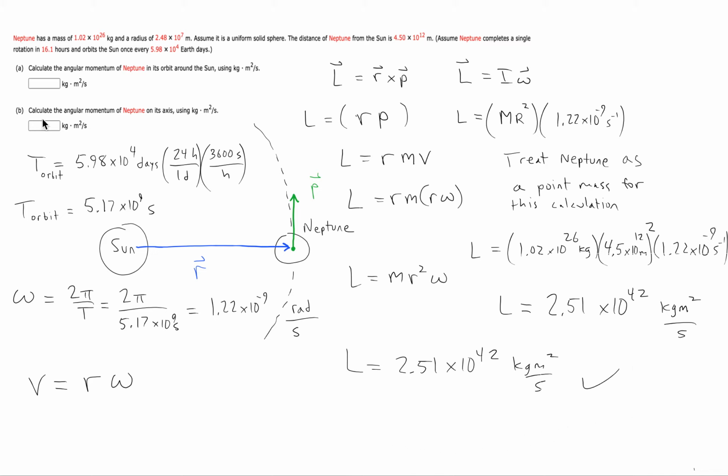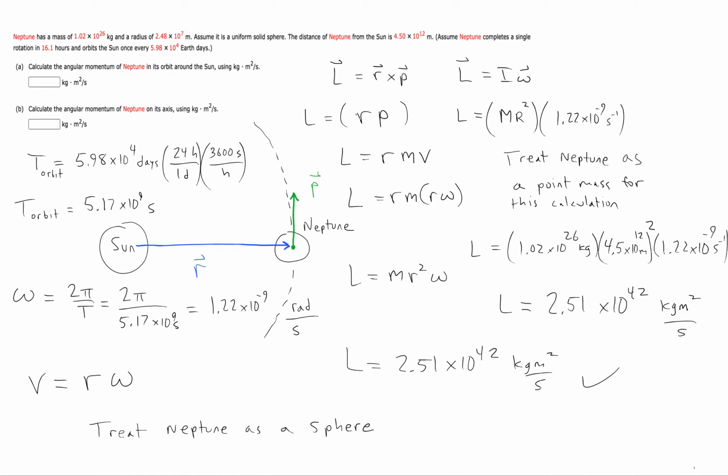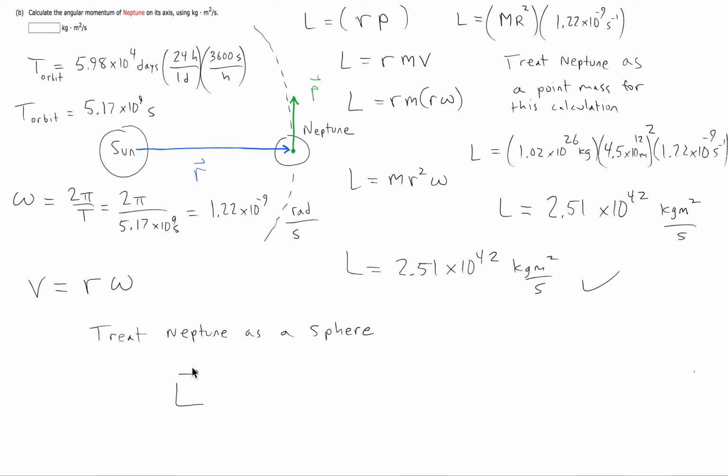Alright, so the last thing to do is to find the angular momentum of Neptune spinning on its own axis. And for that, we would now treat Neptune as a sphere. And you'd use the same formula, L equals I omega, but now it would be the I of a sphere because the thing is going to be rotating.